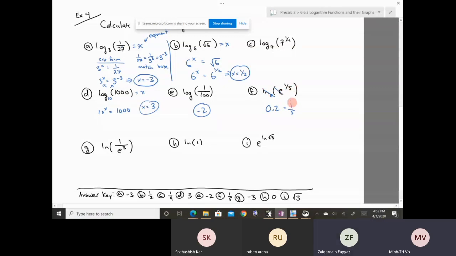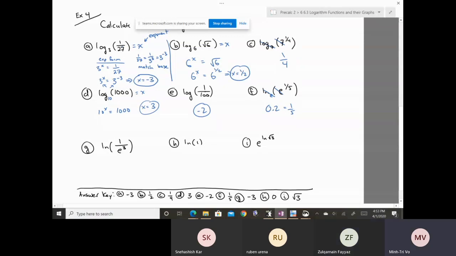And that's why the answer is exactly just 1/5. Okay. And the same thing happens in C also, right? So the base of the log here is the same as the base of the exponential, and so they cancel out, and the answer is 1/4.